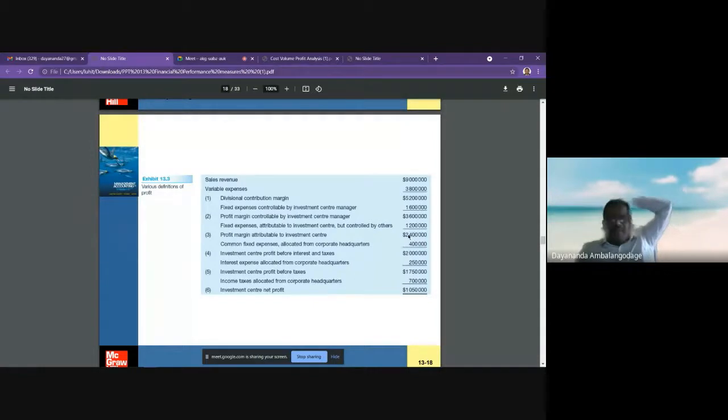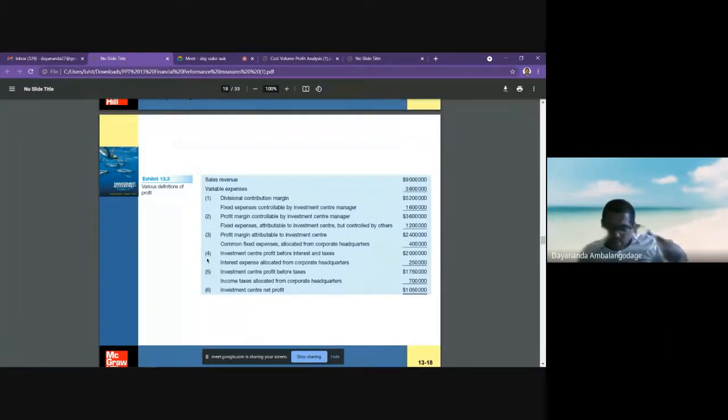This is number 3. But these others are not applicable to measure the branch performance or the management performance, though headquarters may use these measurements for different purposes.